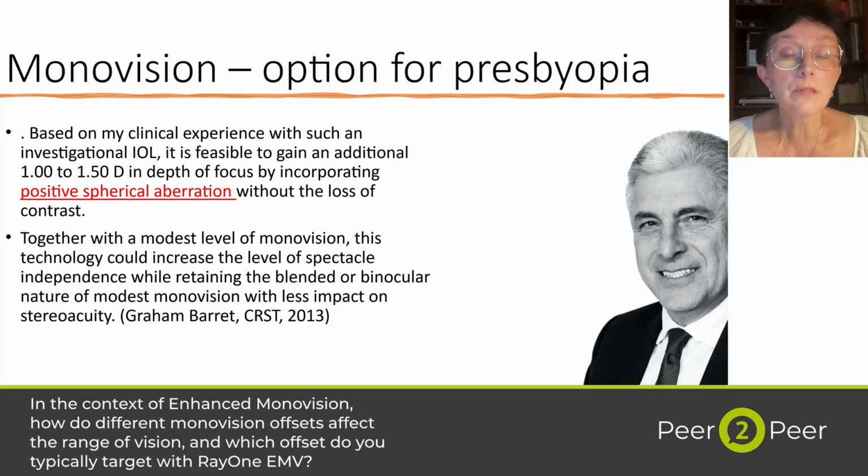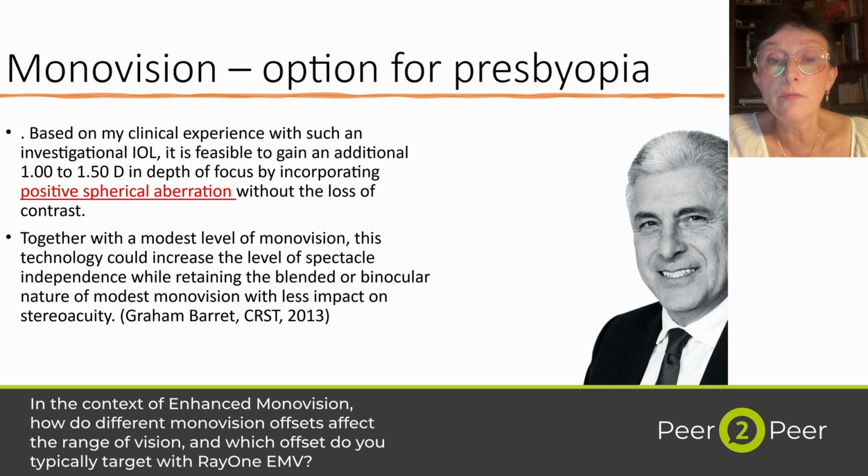Here I would like to refer to my slides because I would like to explain what monovision is. As Professor Barrett said, it was in the early 2000s that it became feasible to gain an additional 1 to 1.5 diopters in depth of focus by incorporating positive spherical aberration without the loss of contrast.